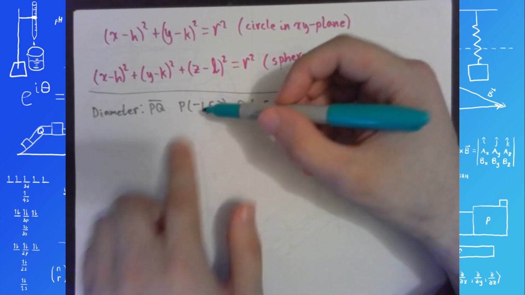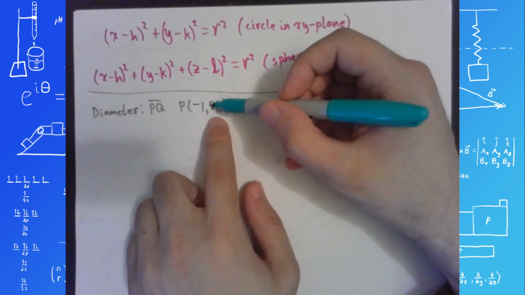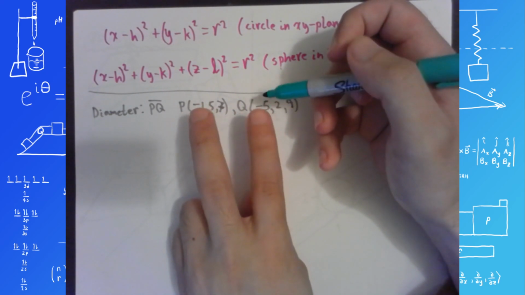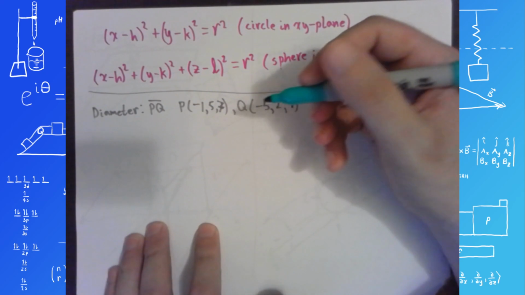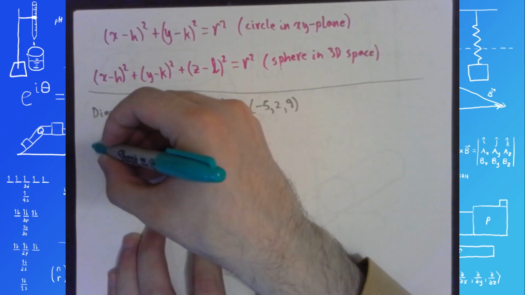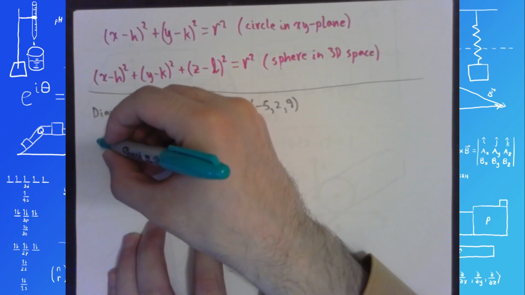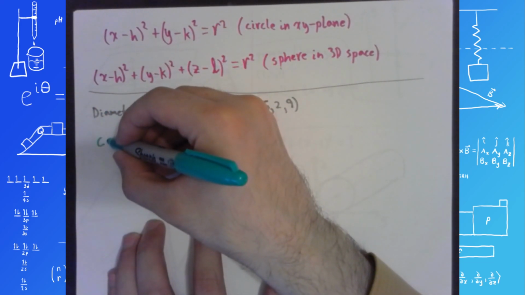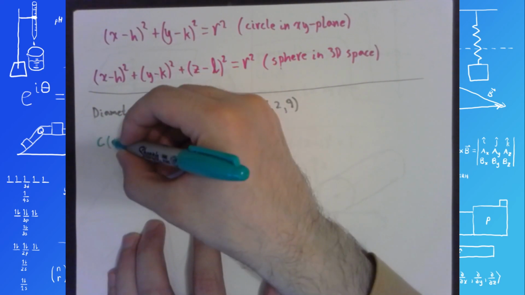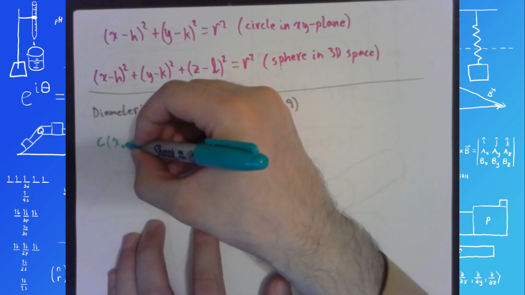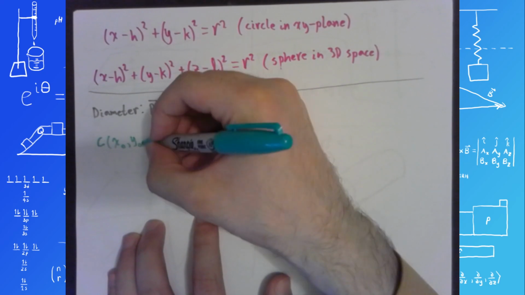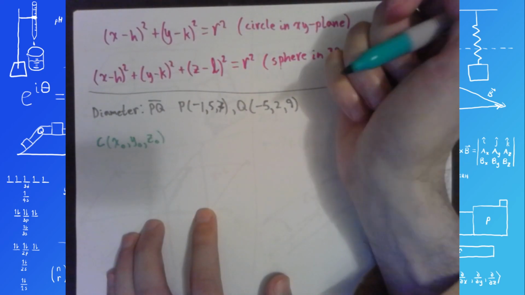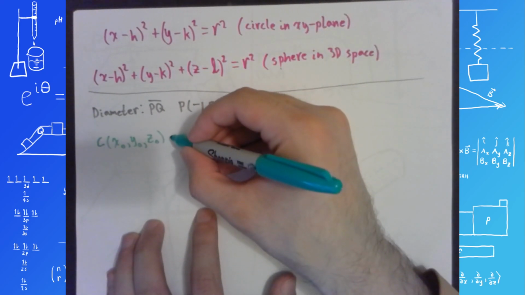Midpoint formula, you just take each coordinate, add their values, and divide by 2. You're just averaging them out. So midpoint, I'll call it point C. We'll call it x0, y0, z0. I guess we could have also called it h, k, and l, which would have been more proper.